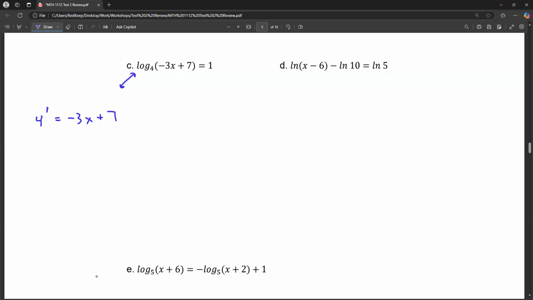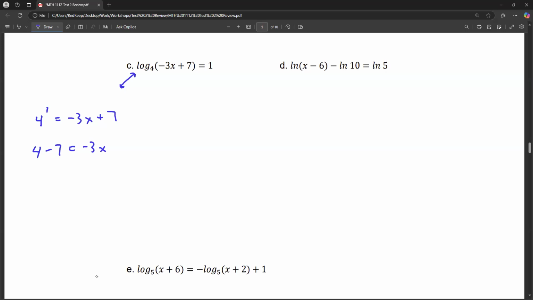Right away, 4 to the power of 1 is just equal to 4, so I could write it as just 4 if I want. We notice on the right-hand side that we are multiplying x by negative 3 and adding 7. So to undo those operations, I'm going to start by subtracting 7 from both sides of this equation. The left side would become 4 minus 7, and the right side just has negative 3x, which is good.